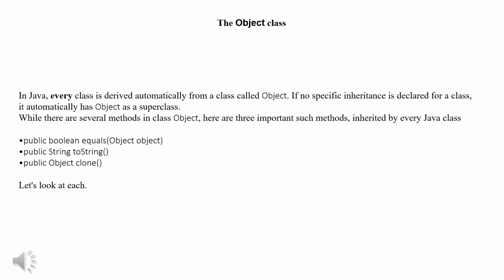So now you are familiar with the concept of inheritance. It's good to know that in the Java programming language, every class is derived automatically from a class called Object.